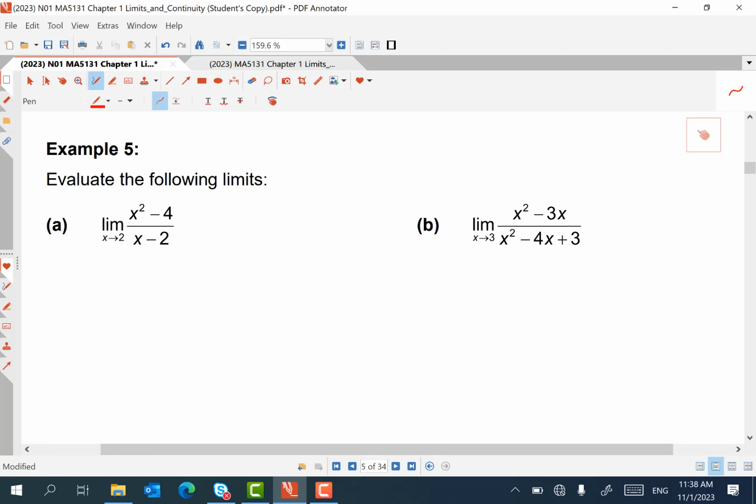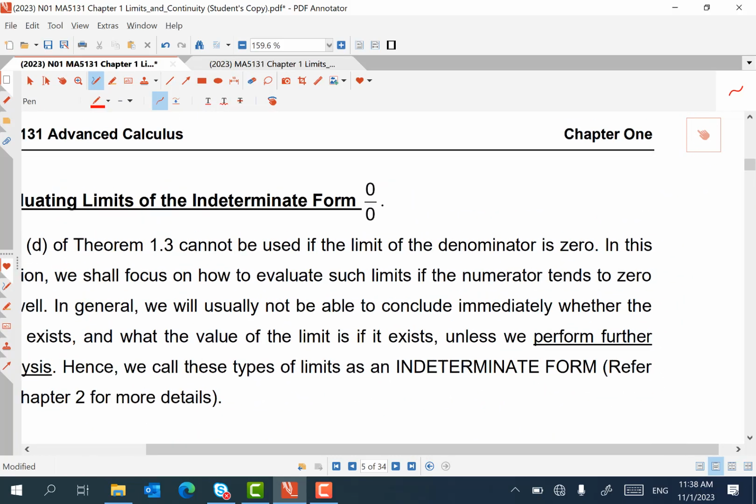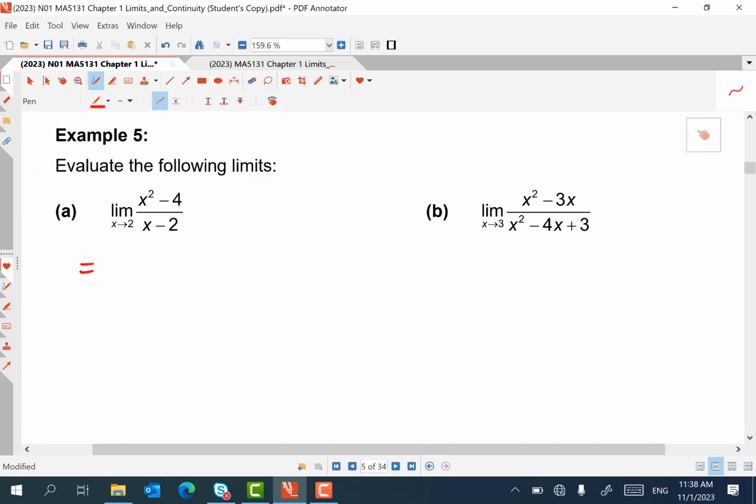Okay, for number 5, you realize that we cannot just plug it in, because if you plug it in, it won't work. For number 5, you have the so-called indeterminate form. 0 over 0 is the indeterminate form, so class, you would have tried to remove it by factorizing the numerator.